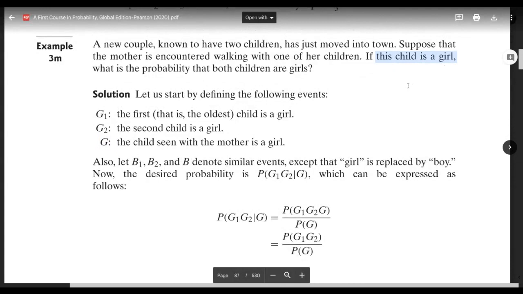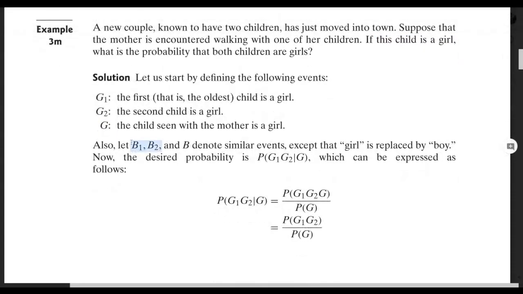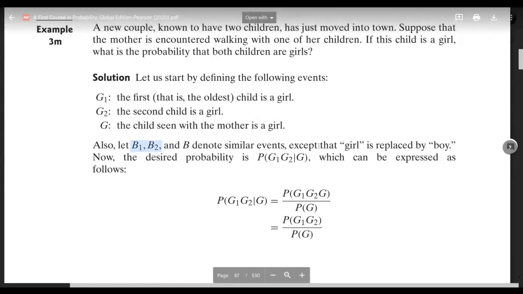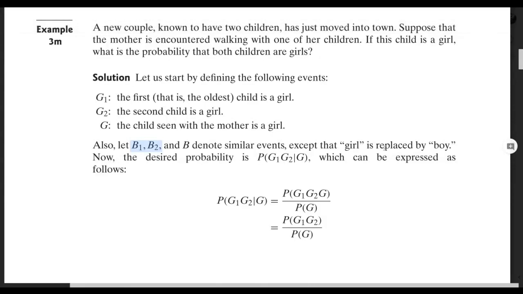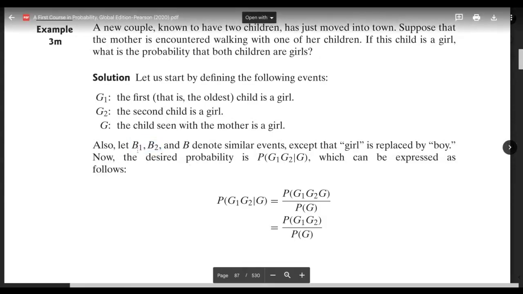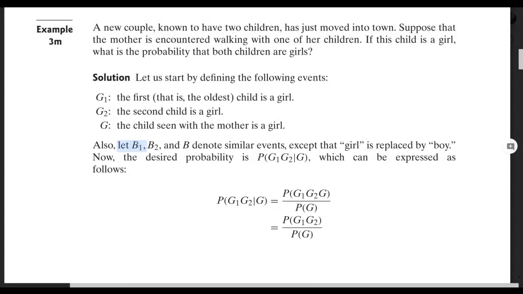The child walking with her mother is already a girl, so that's G. We denote B1, B2, and B, similar events except that a girl is replaced by a boy. So B1 represents the first child being a boy, B2 the second child being a boy, and B says the child walking with her mother is a boy.